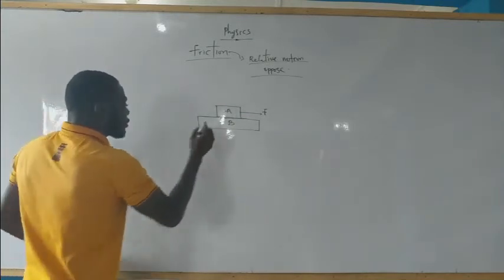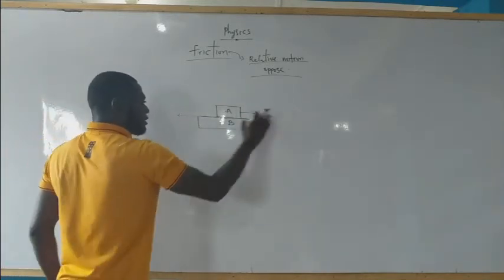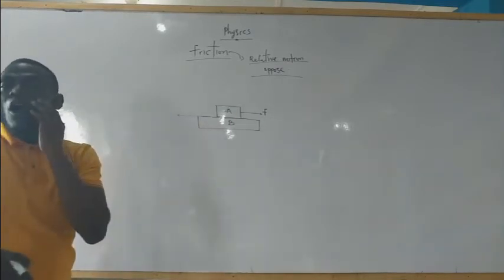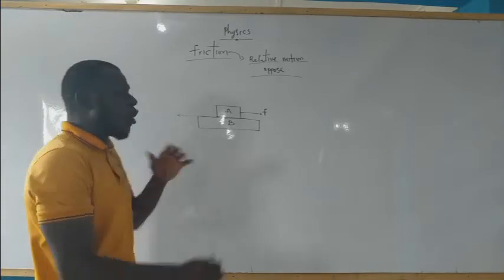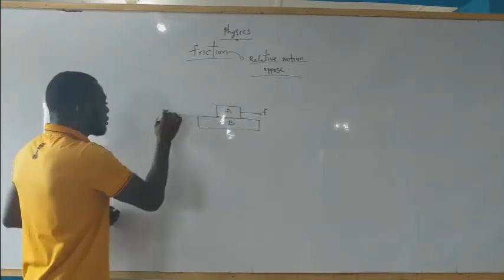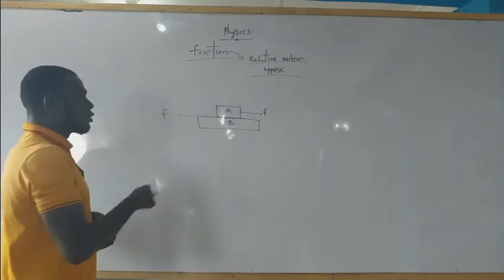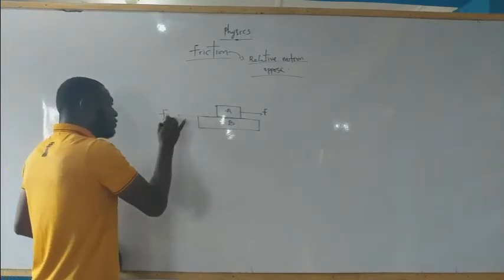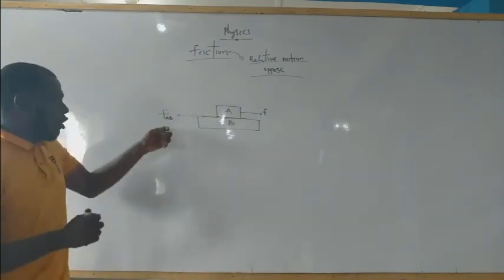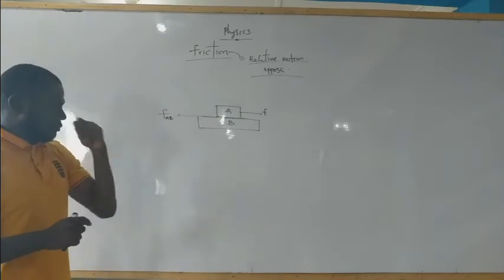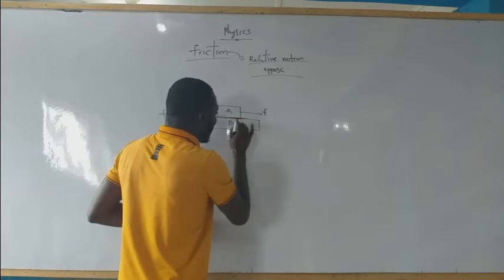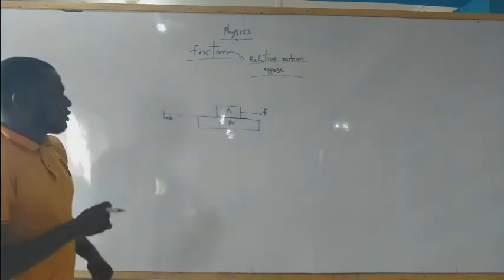There will be a frictional force opposing the movement of body A, opposite to the force. That is the frictional force on A due to B.